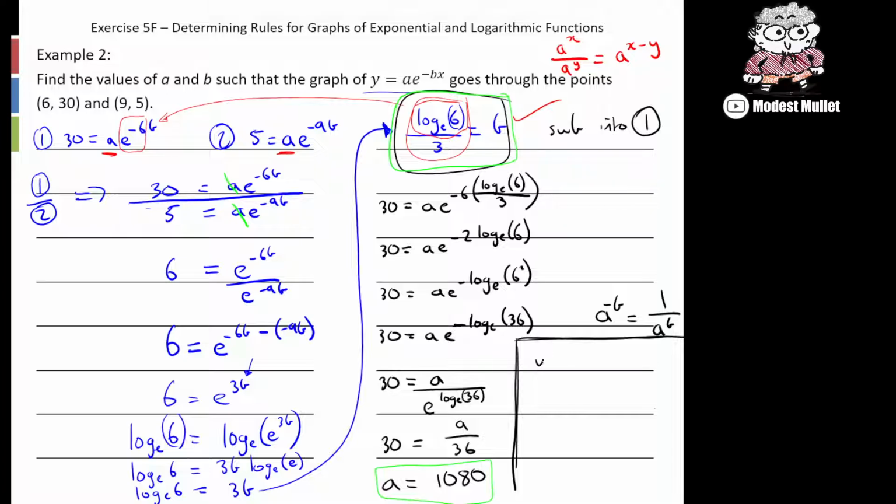We get y is equal to 1080 e to b, which was negative log to the base e of 6 all divided by 3, times x. Yeah, there's your equation. Not nice, but there it is. And that's it for this exercise.